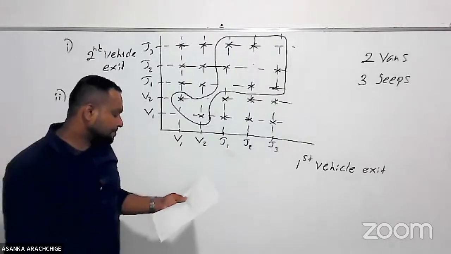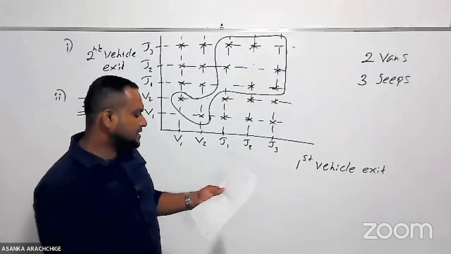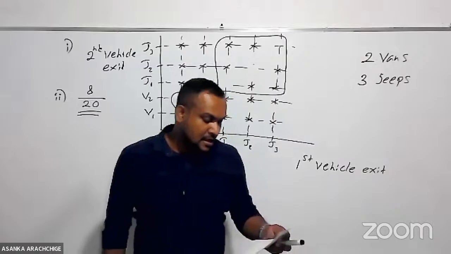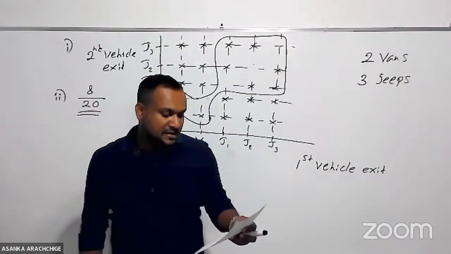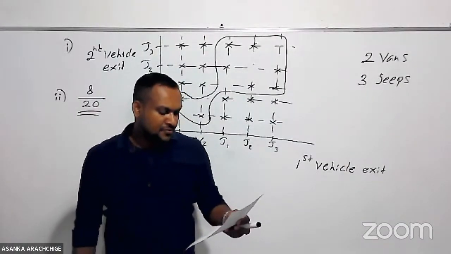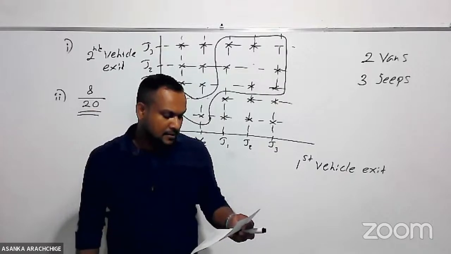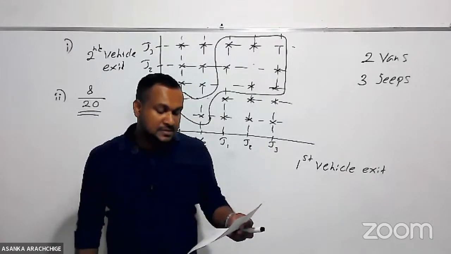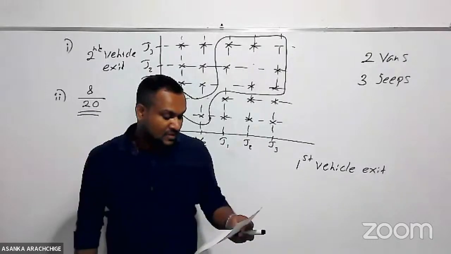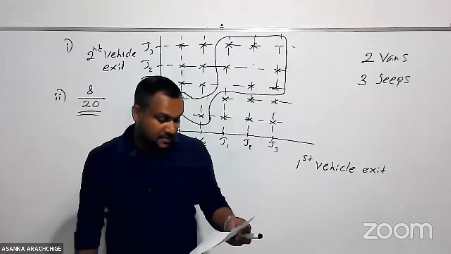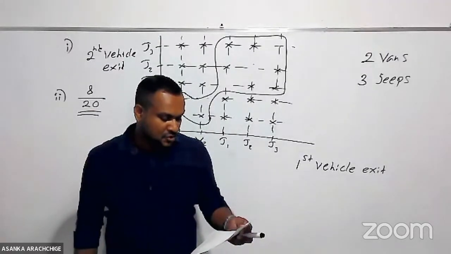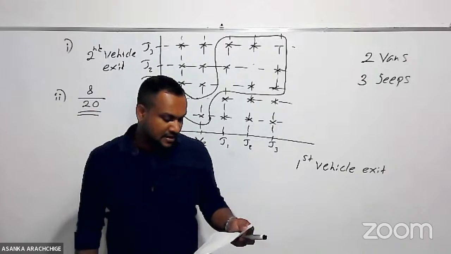Number 3 today. 4 of these vehicles are manual transmission and the other vehicle is an auto transmission vehicle. An incomplete tree diagram is given below regarding this experiment, right? The first vehicle exits, the second one exits.